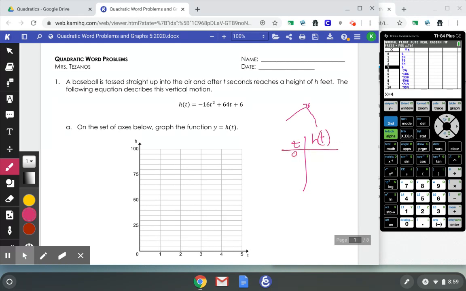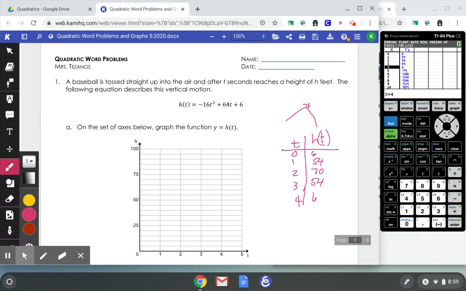All right, 0, 1, 2, 3, 4. Okay, so these are the only points I'm going to plot, and there's a reason. One, I'm only going to look at the t values, the time values, that are positive, from 0 and higher, because it's talking about time.